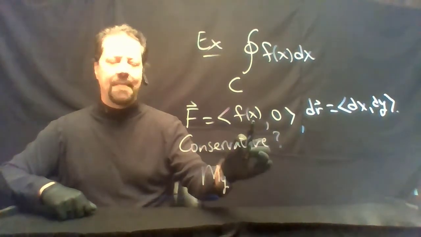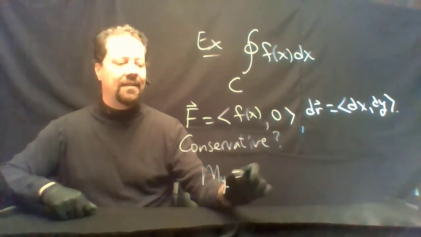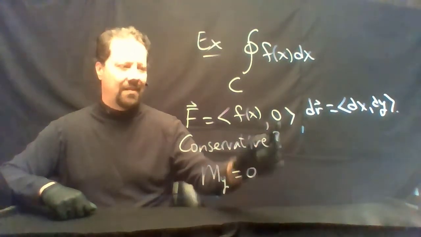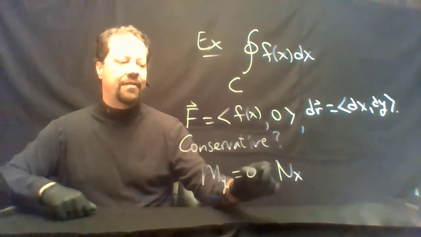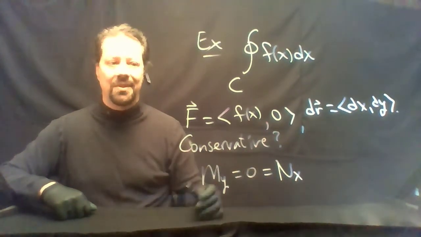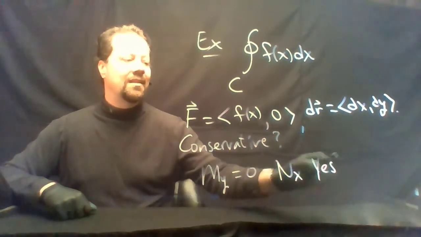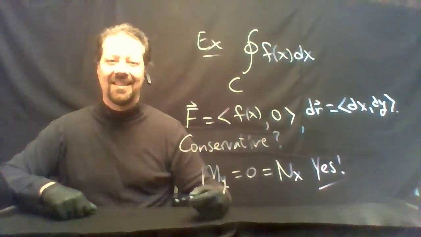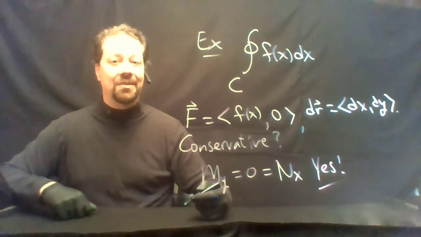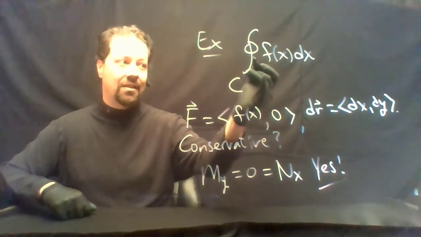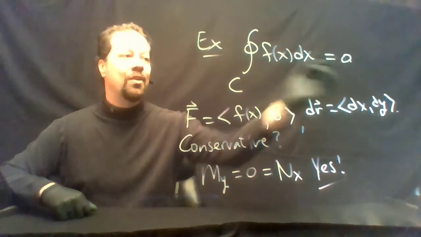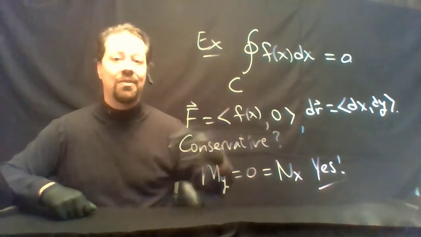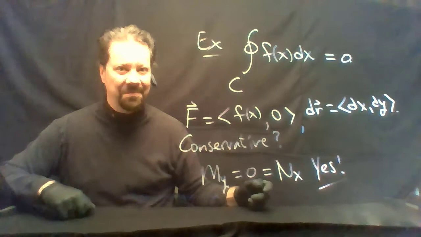The derivative of the m component with respect to y is 0. And of course, the derivative of the n component with respect to x is also 0. So the answer is yes. The fundamental theorem of line integrals then tells you that as long as this is a closed loop, no matter what function of x you're dealing with here, you will get 0.